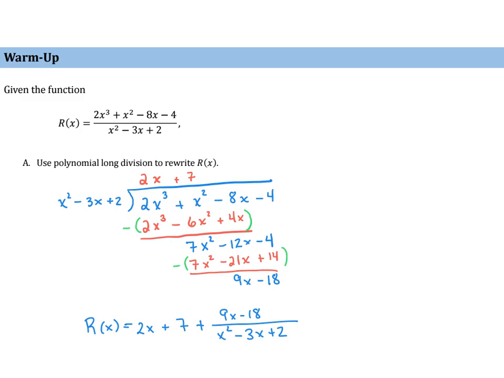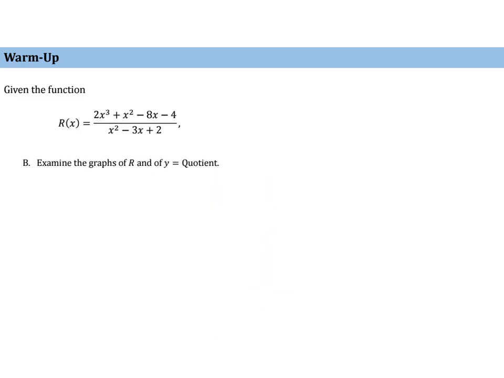So now, what we're going to do is graph r, and we're going to graph the quotient. Y equals the quotient, that is. So we're going to graph y equals 2x plus 7. Go ahead and do that. Graph r, and then graph y equals 2x plus 7. So I would suggest pausing the video, going to Desmos, and graphing.